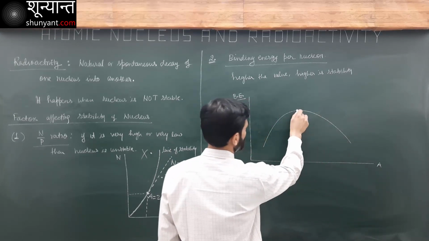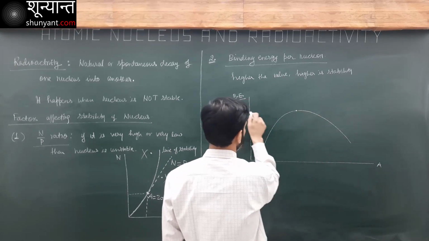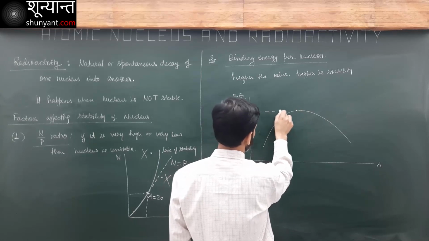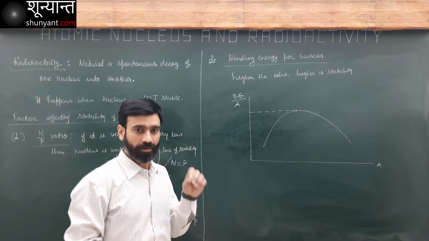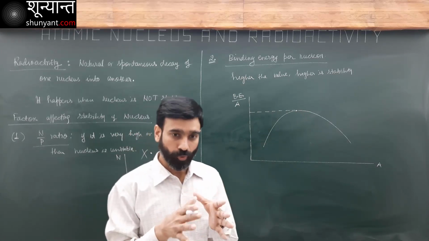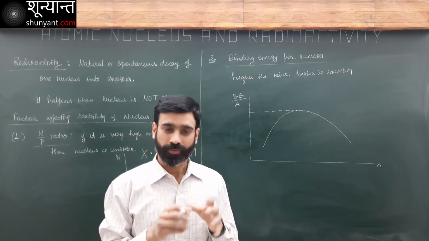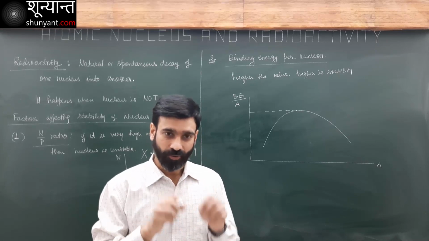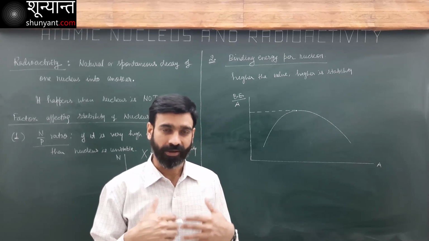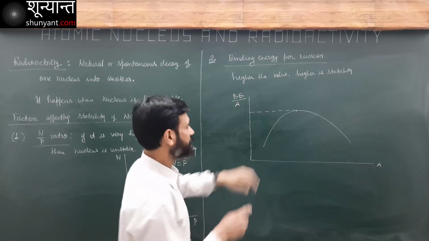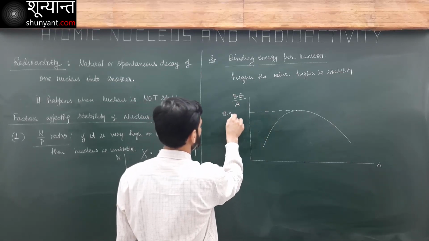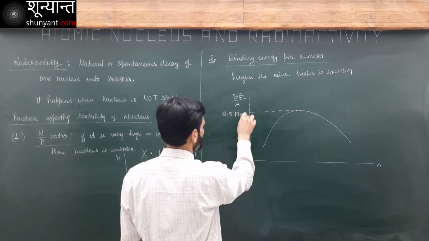This is the maximum value. The maximum binding energy per nucleon, for all the elements that we know, is 8.8 mega electron volt.